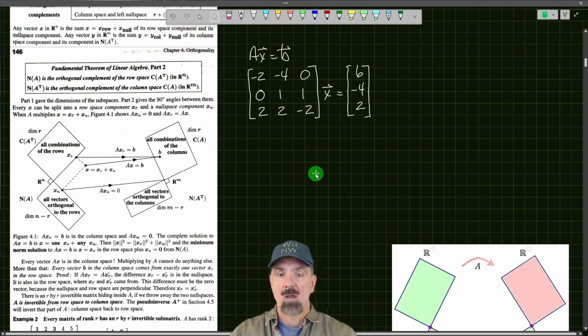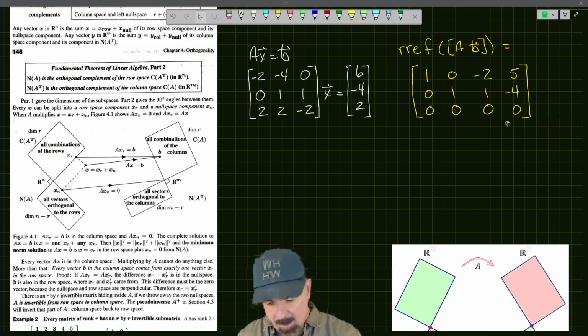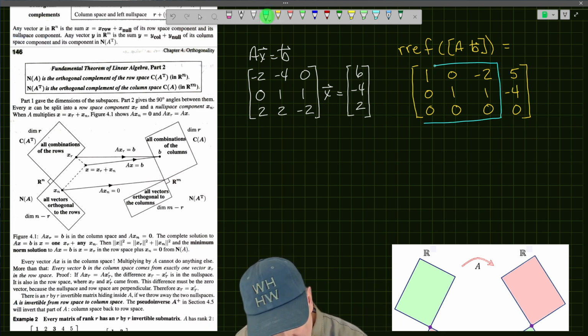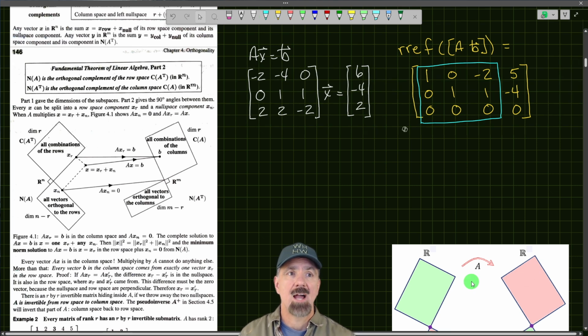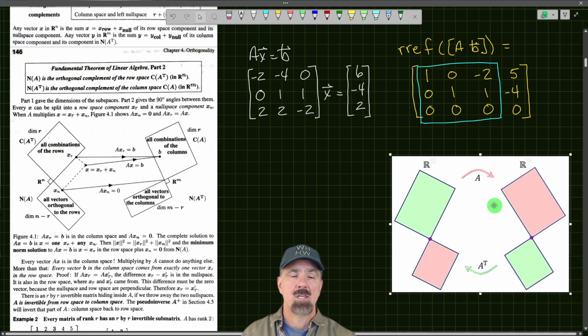Let me write down what that RREF matrix is. Now, what do we gather from the RREF? It's important to remember this is the RREF for the A matrix, so we can gather information about the A matrix itself, and we will put that information into this diagram just to establish the point that he's making over here.